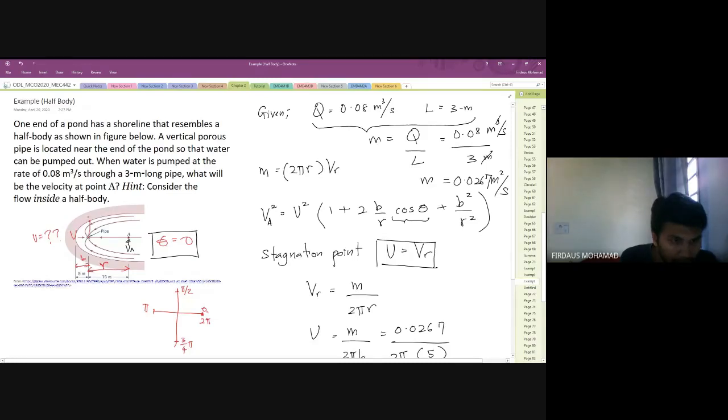Let's say this is B. So at B, what is the theta? 90 degree, right? So it is pi over 2. Let's say this is your C. What is the theta here? Let's say this is at 60 degree. So this is how we determine the theta. But at point A, theta is at 0 degree, based on the origin from the source point.